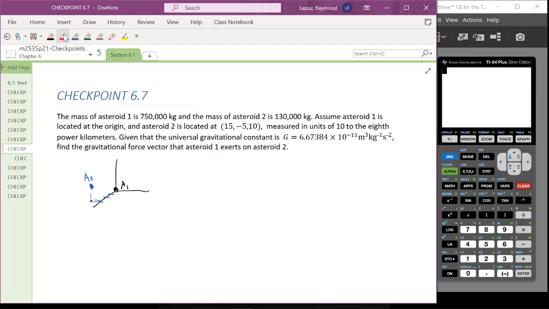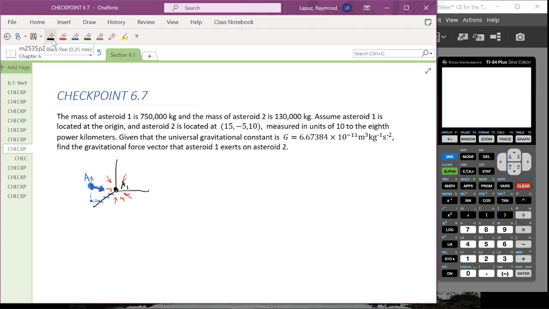So asteroid 1 pulls in gravity from all around, but then you have this asteroid 2, and you want to know the force that asteroid 1 is imparting on it, making it pull towards asteroid 1. So that's the vector that we're looking for.